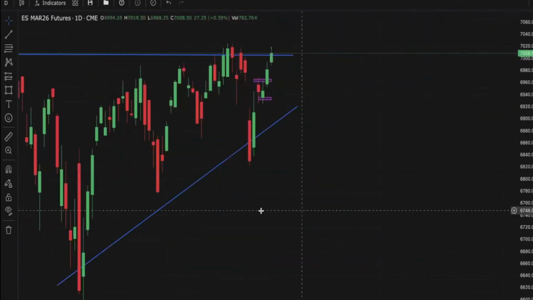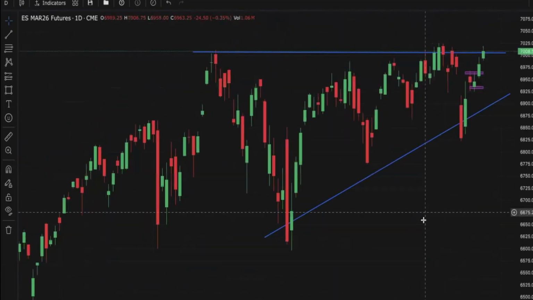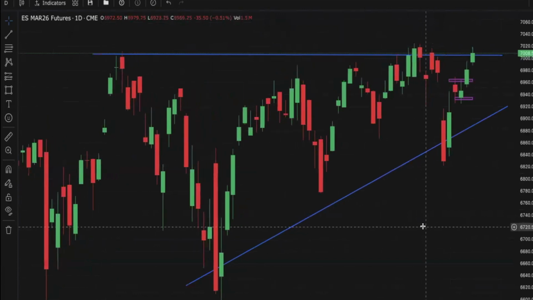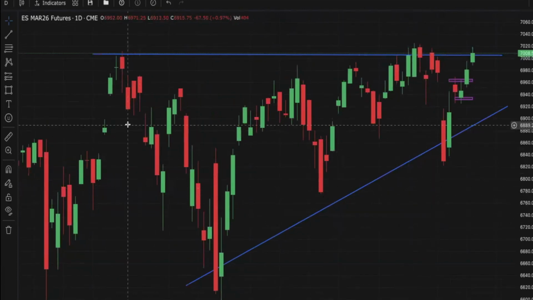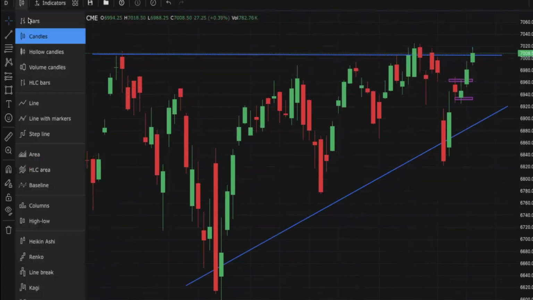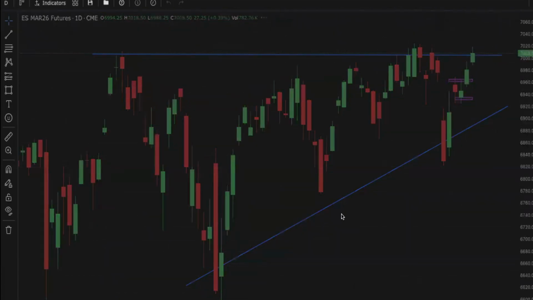And for those of you that are new, it might have been a little bit confusing or difficult to understand. So that's why I use the Heikin Ashi candle. That's basically what it is.